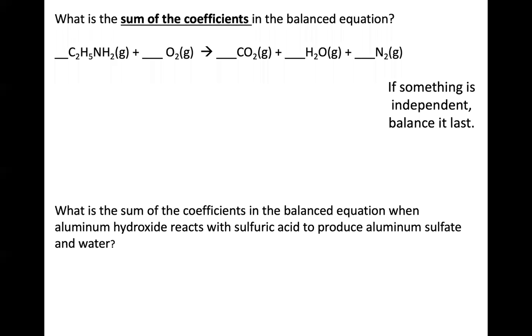By independent, when I look at something like O2 or N2, they're not in compound with other atoms. So I can always change their coefficient without worrying about changing another element at the same time. I'm going to keep those for the last things that I balance because I can always make an adjustment and make those work. So that's one tip for you: if you have a complex one that you're balancing, and you have something that's independent, try to save that for last.